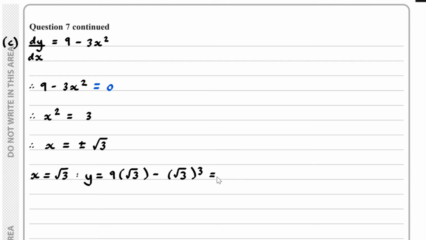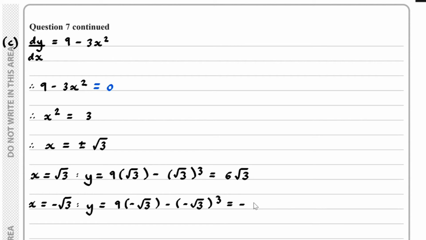So it turns out we end up with 6 root 3. And when x equals negative root 3, y equals 9 multiplied by negative root 3 subtract negative root 3 cubed, which is negative 6 root 3.